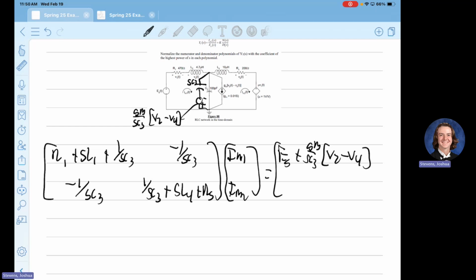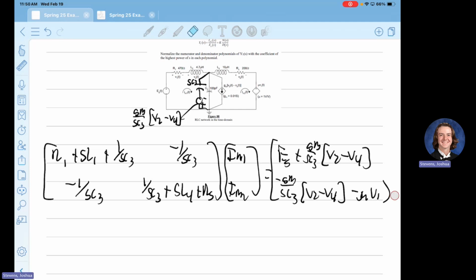Yep. The source we just created, and then that dependent source. Now, the source we just created, is it going to be positive or negative? Now it's going to be negative, I agree. And what about the dependent source? Is it positive or negative? I agree.